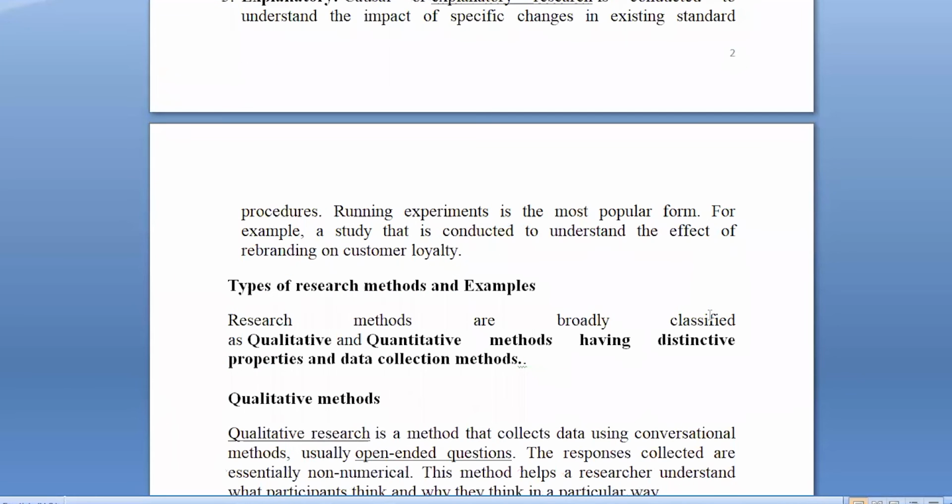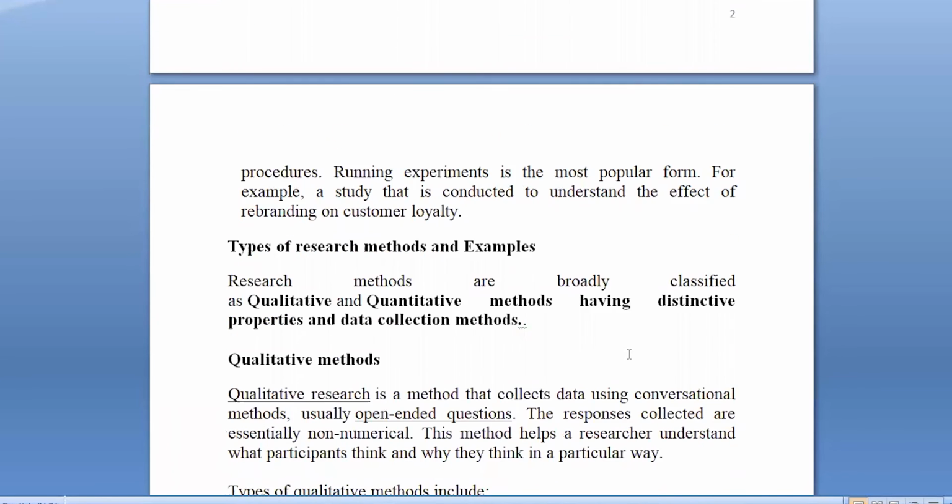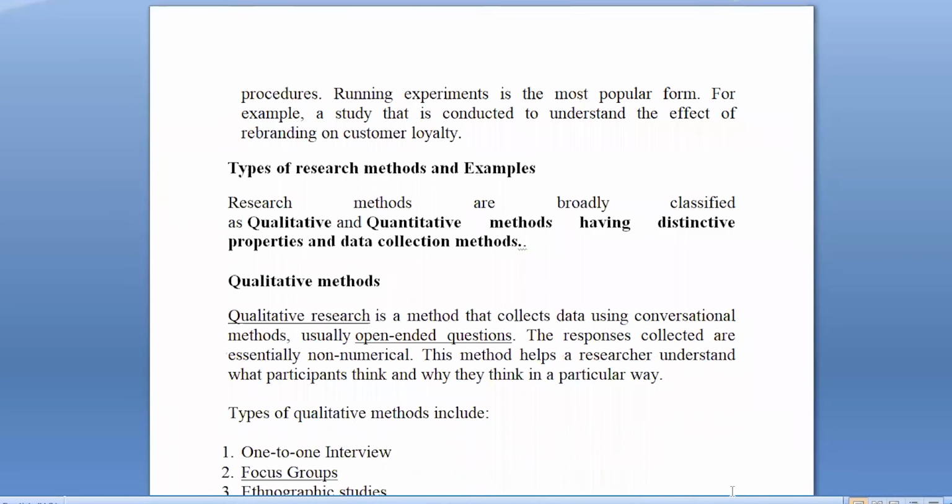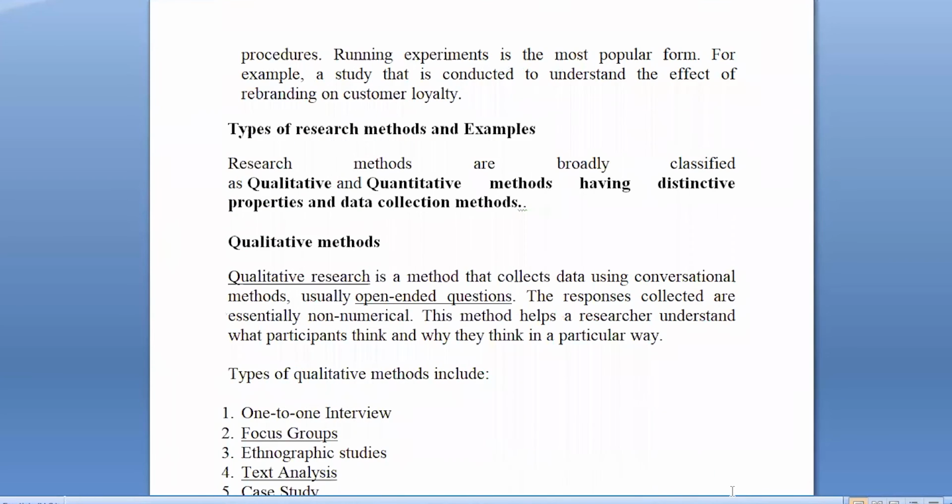Research methods are broadly classified as qualitative and quantitative methods having distinctive properties and data collection methods. Qualitative methods. Qualitative research is a method that collects data using conversational methods, usually open-ended questions.